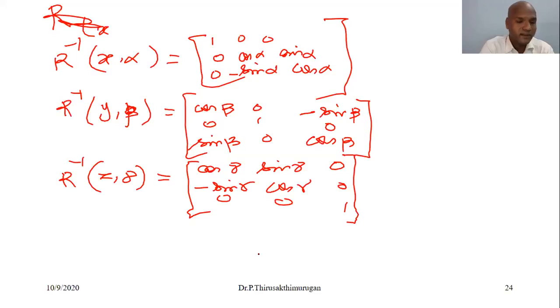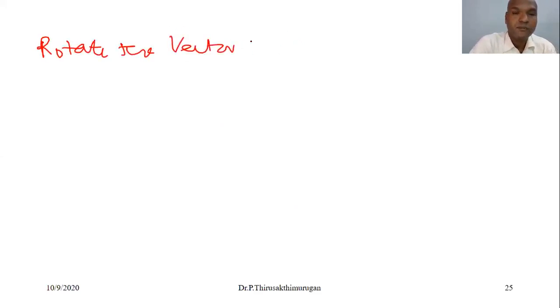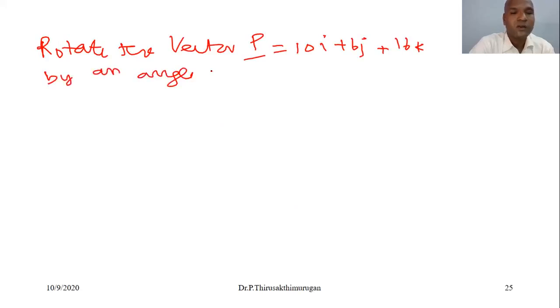Okay, so let us do the rotation of a vector. Rotate the vector P equal to 10I plus 6J plus 16K by an angle of 90 degrees about the x-axis.